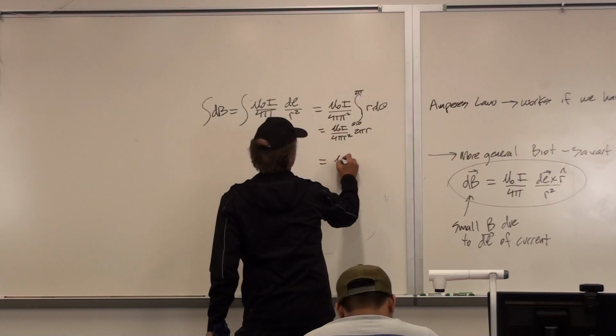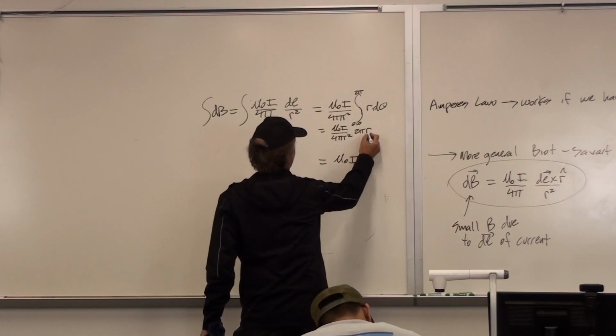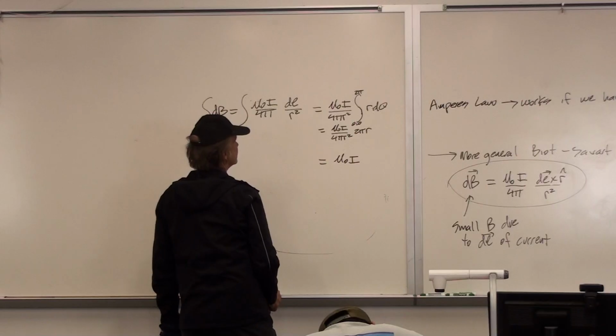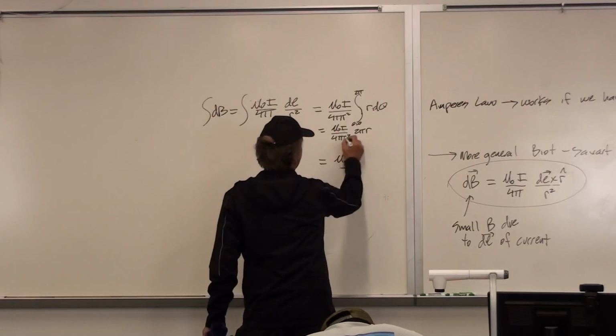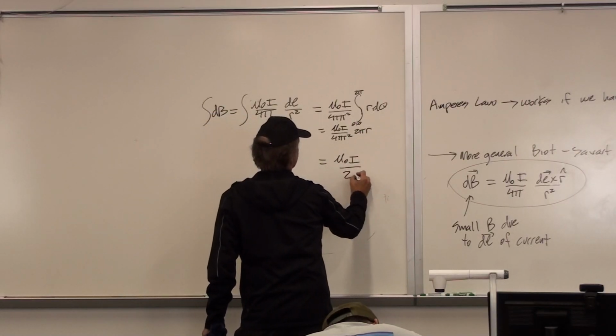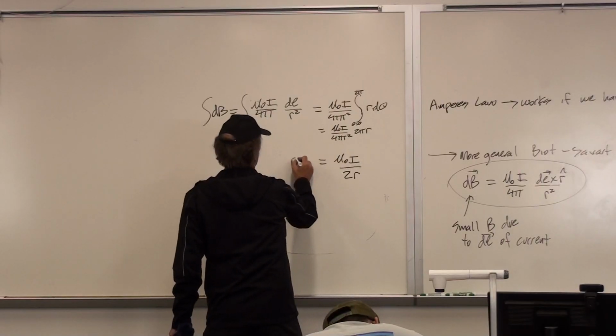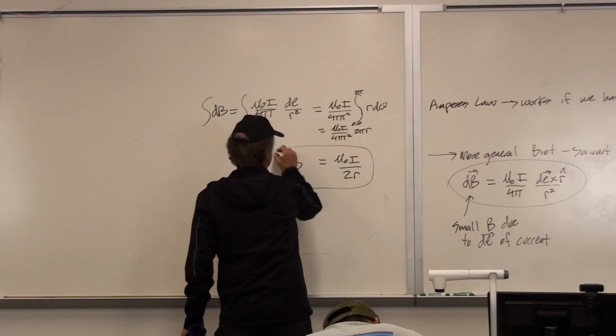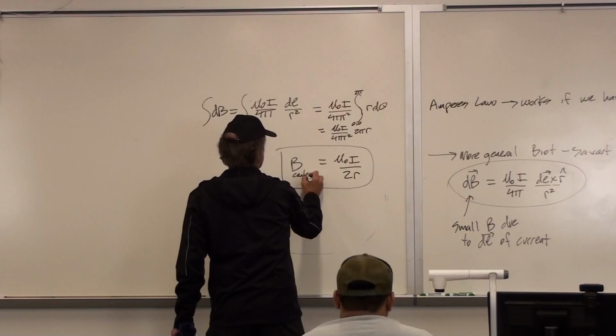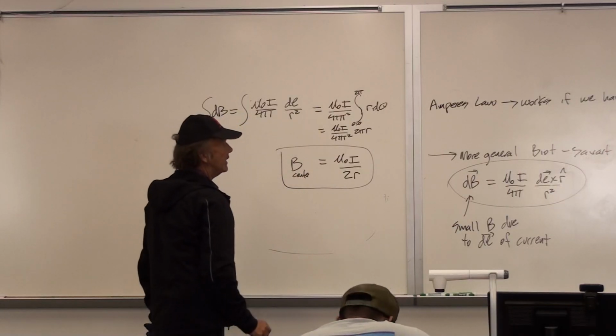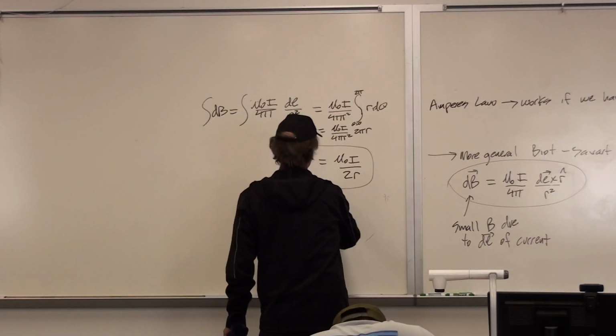So that's just mu 0 I, and then one factor of r cancels, and the pi's cancel, and we get mu 0 I over 2 r. So that's our total magnetic field at the center, times some unit vector pointed out of the board, whatever direction that is.